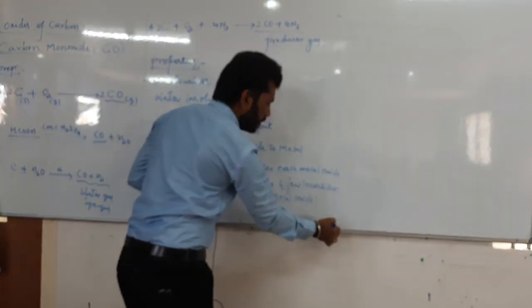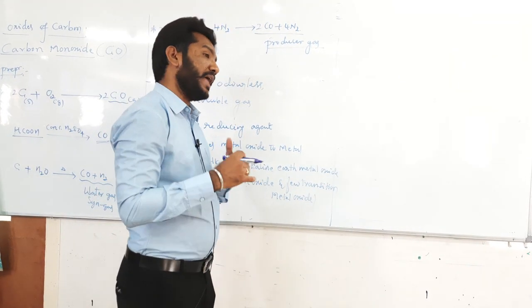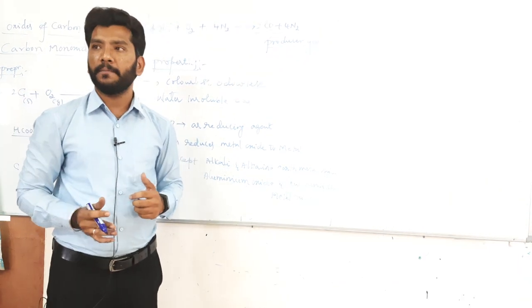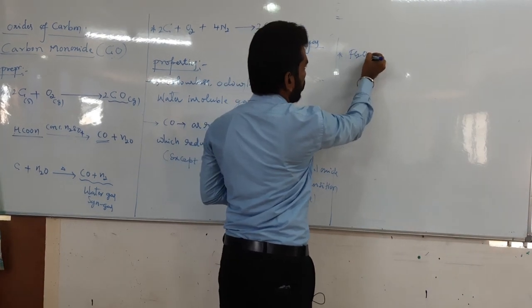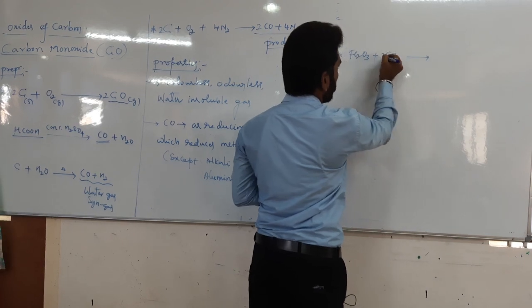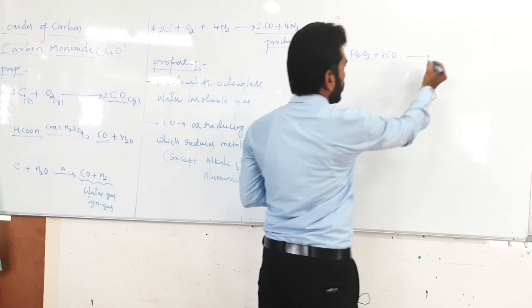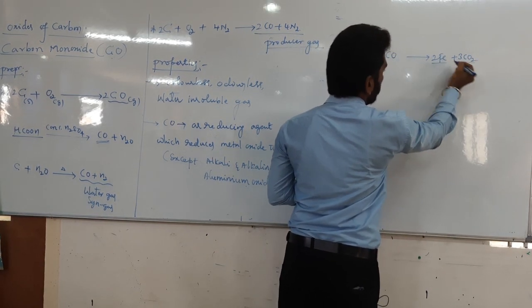Suppose carbon monoxide as a reducing agent, how does it actually convert the metal oxide to the metal? Suppose if I have ferric oxide reacting with carbon monoxide, by the way, what would you expect here? So 2 Fe and 3 CO2 are formed.